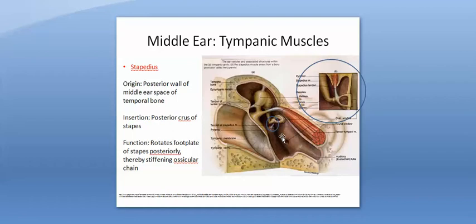So stapedius helps reduce the amount of vibration that travels through and actually displaces the fluid in the inner ear. So it will tense and hold stapes, so it's not moving as much if the sound is too loud. So it helps mitigate some of that sound by stiffening the ossicular chain.